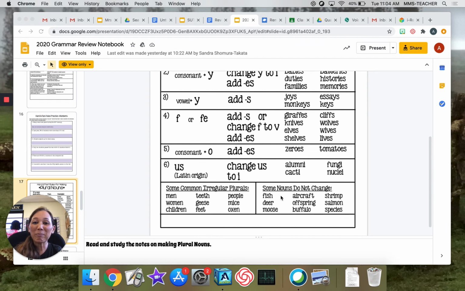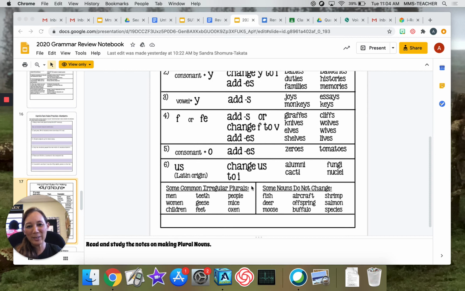Number 5. Okay, so if there's a consonant and an O, you would add an ES. So here's an example. Hero. The R is the consonant and an O. Hero. You would add an ES. And same for tomatoes.